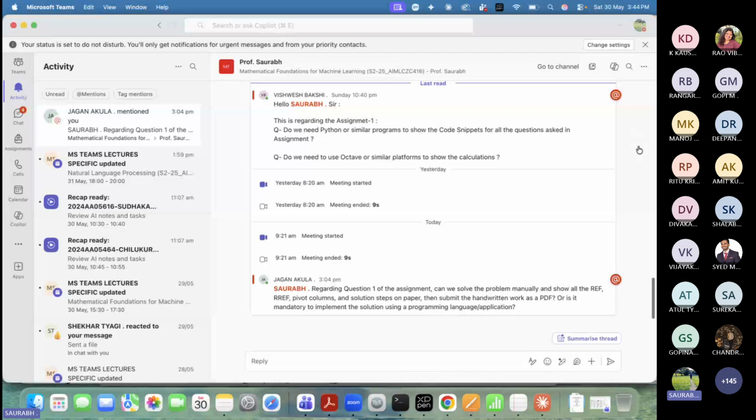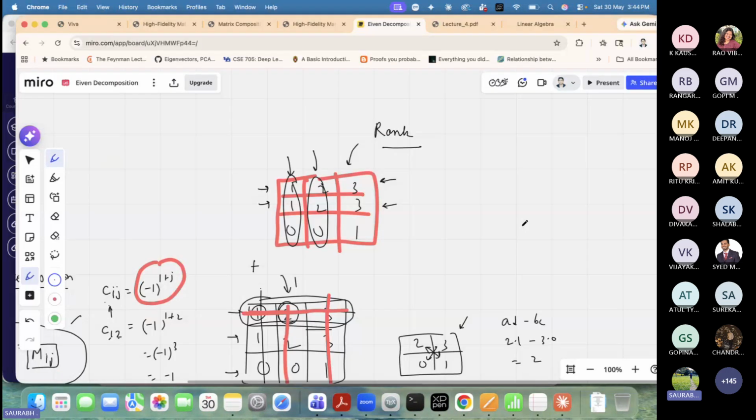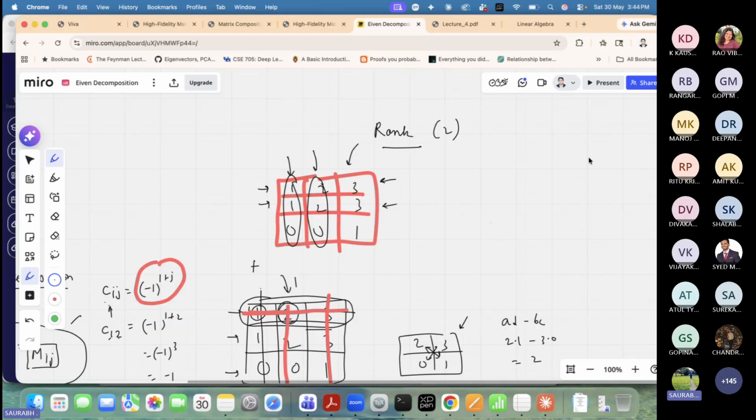One or two, maybe. Maximum rank can be two. But there are chances that if the third vector is also dependent, in that case, the rank would be one. Otherwise, in this case, right now, as far as I can see, it could be two.